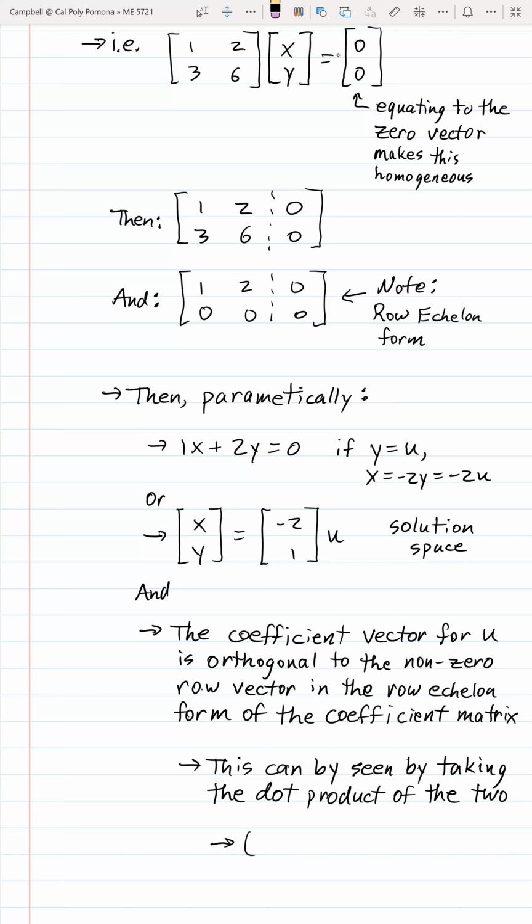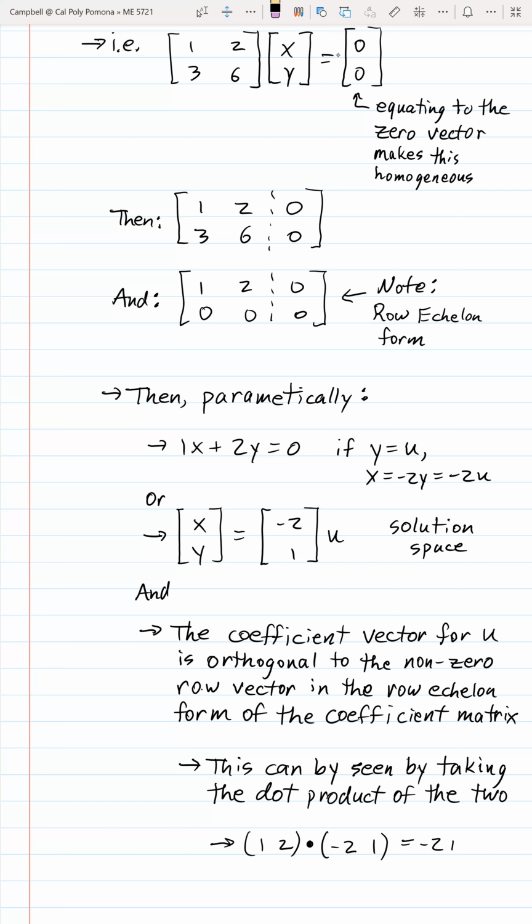My row vector, 1, 2, and my column vector that I will now frame as a row vector, so I'll use the transpose of it, and this is a dot product, is equal to, so 1 times negative 2, that's just negative 2. 2 times 1 is just 2.